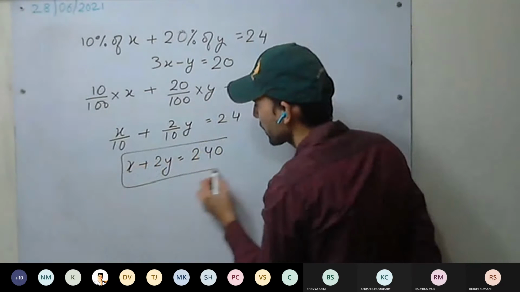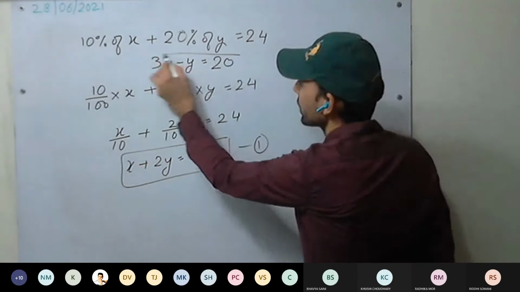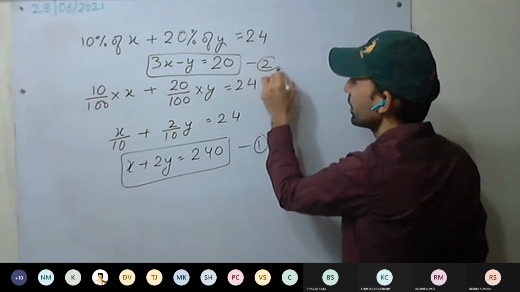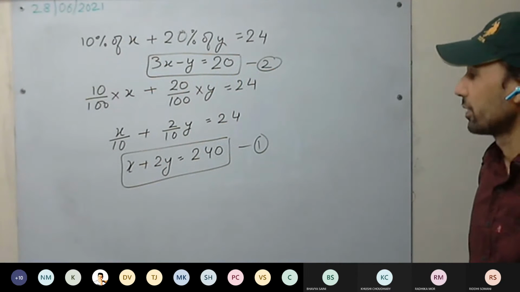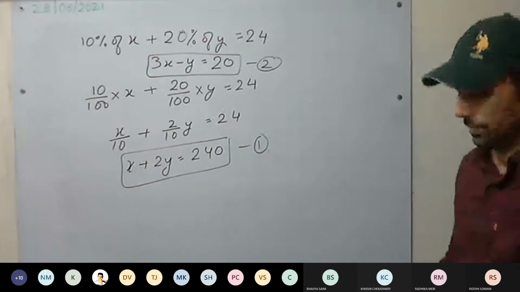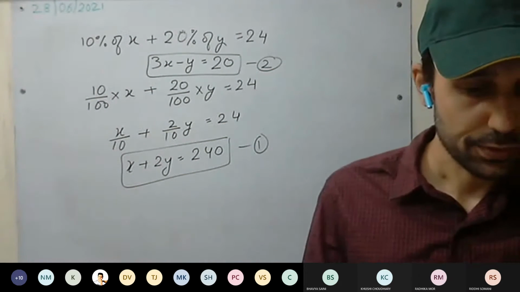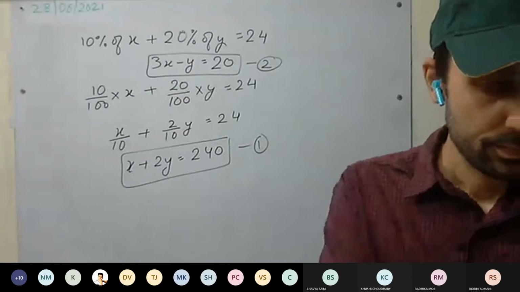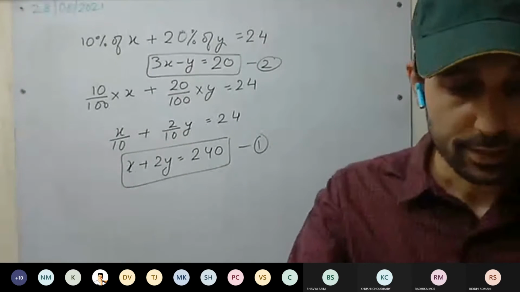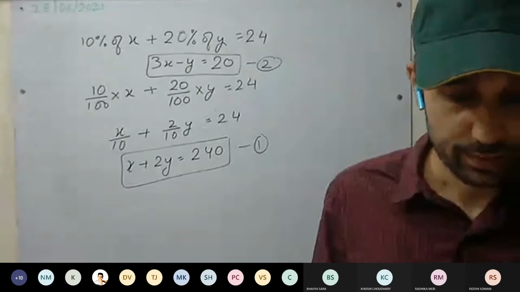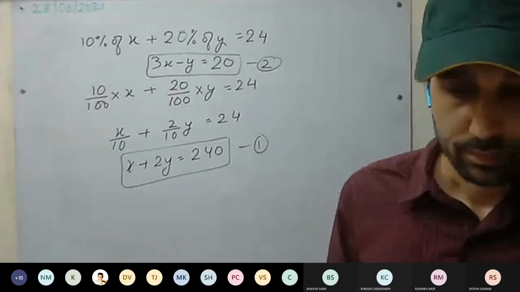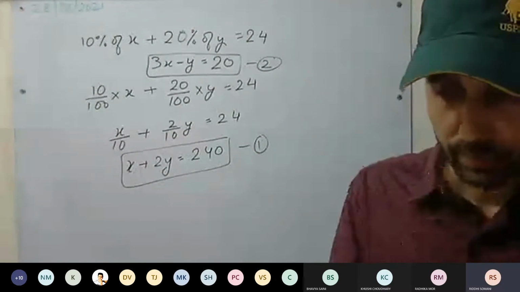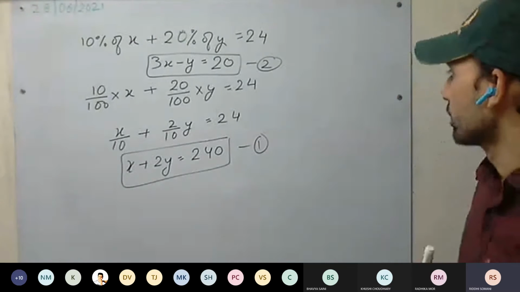So first equation, second equation. Solve them first. These are the two equations you are getting. Solve them and tell the values of x and y. Sir, x is 40 and y is 100.